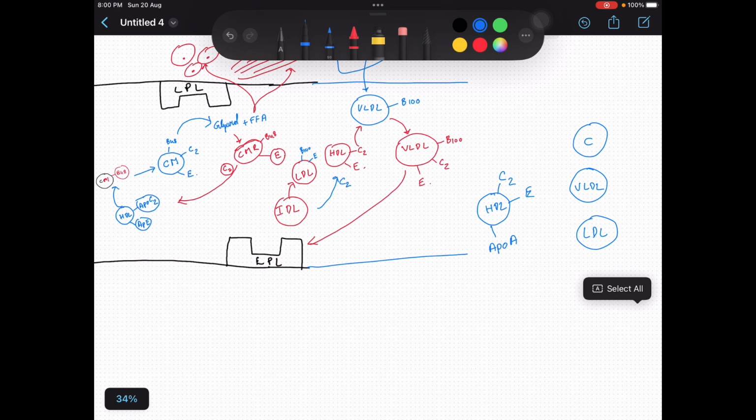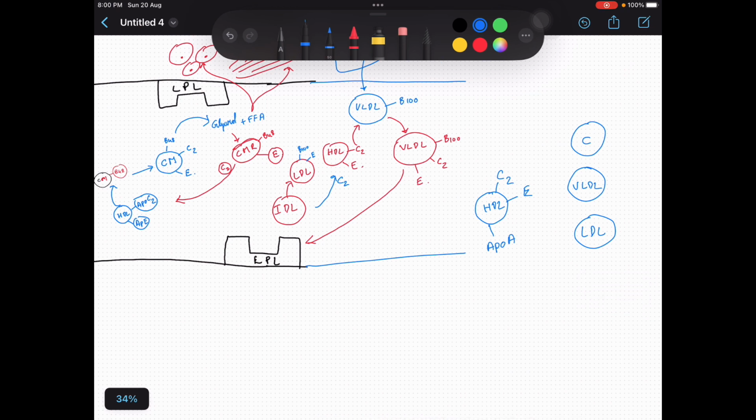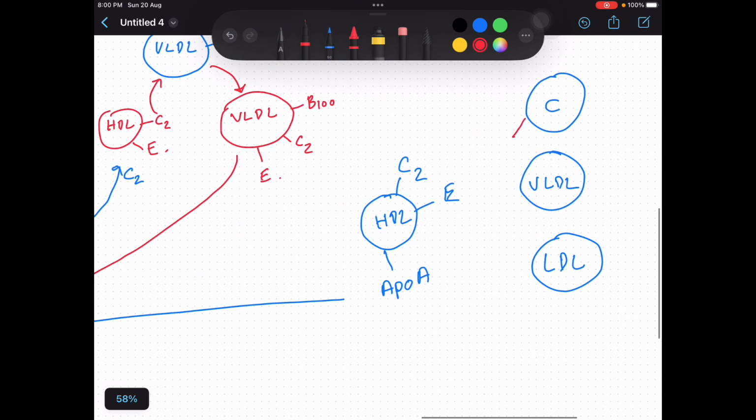Normally there will be chylomicrons, VLDL and LDL. All of these contain cholesterol. What HDL does is take the cholesterol from all three structures. From all three, cholesterol will come to the HDL.